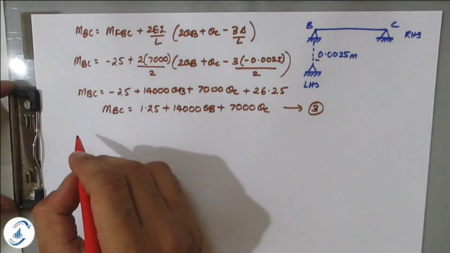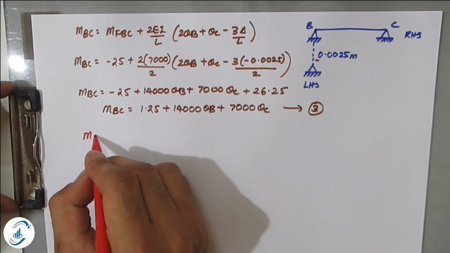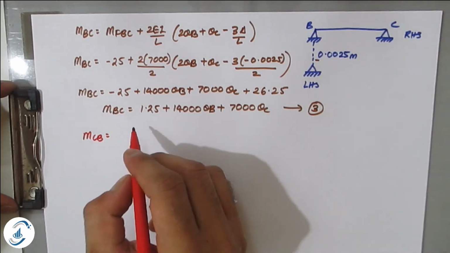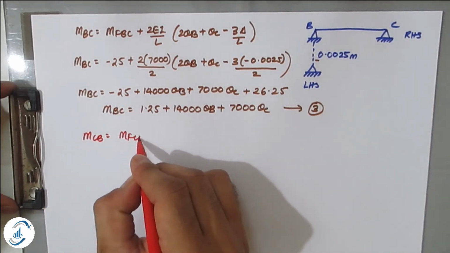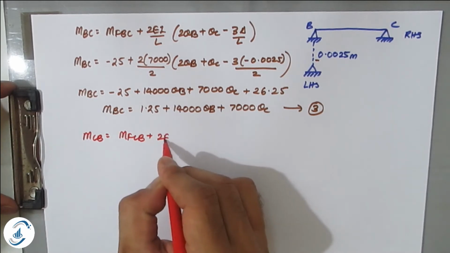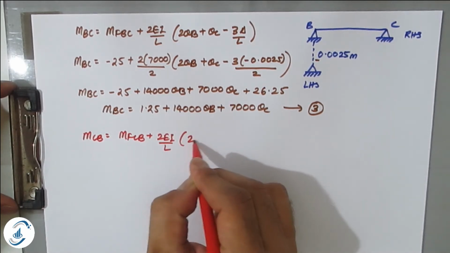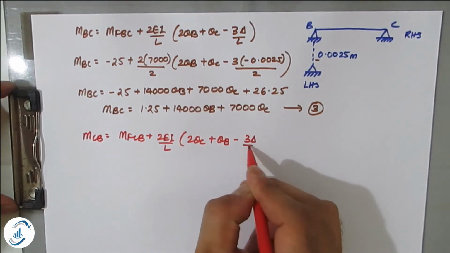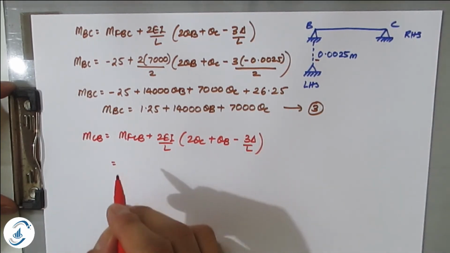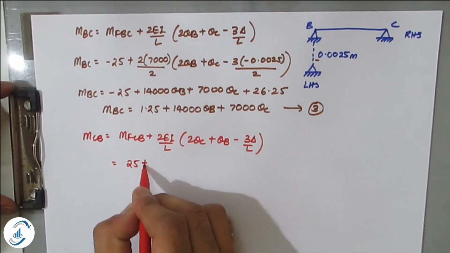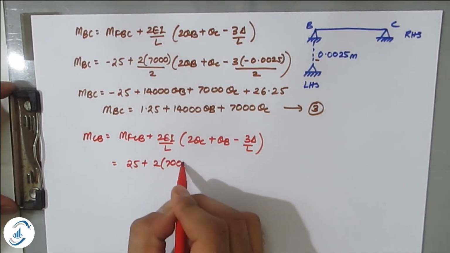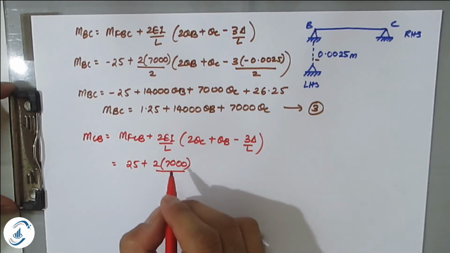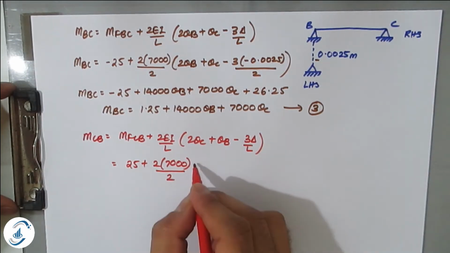Similarly now MFCB plus 2 EI by L, 2 theta C plus theta B minus 3 delta by L. MFCB is 25, into 2 into 7,000 divided by 2.